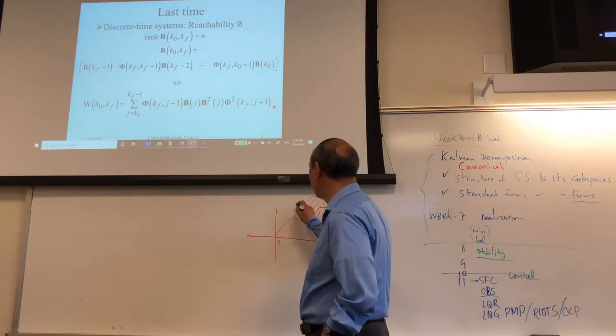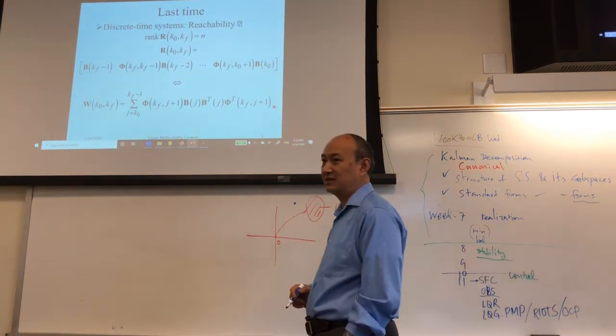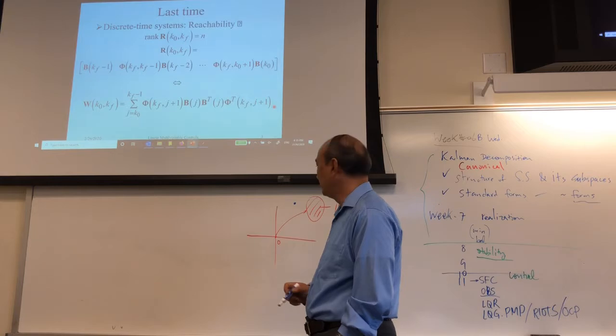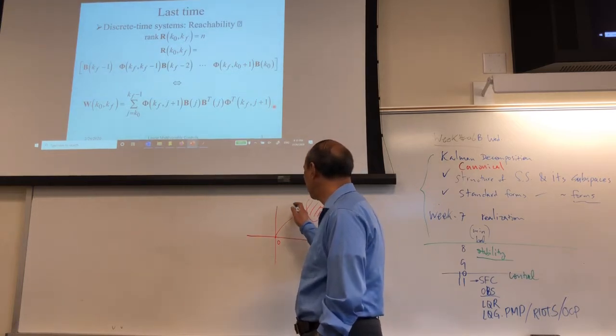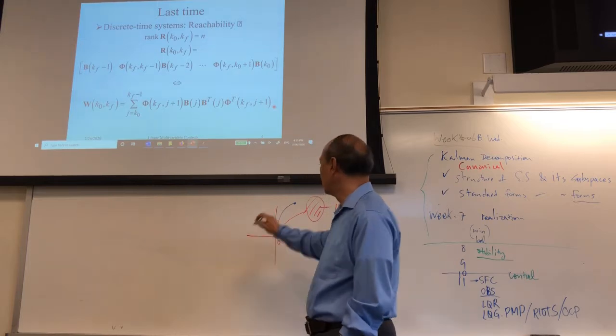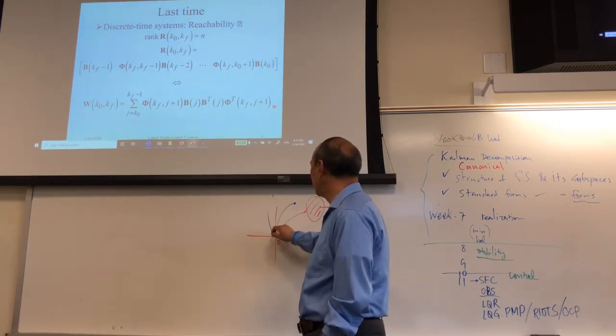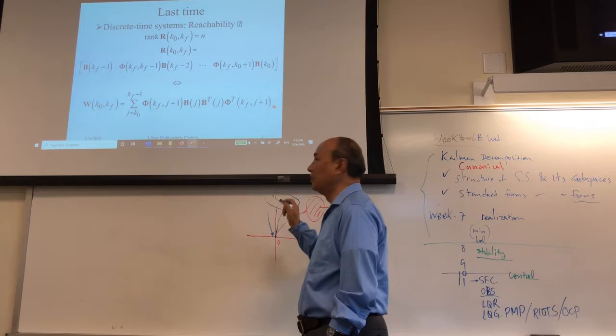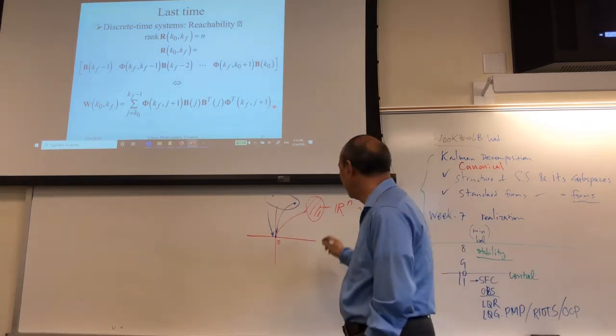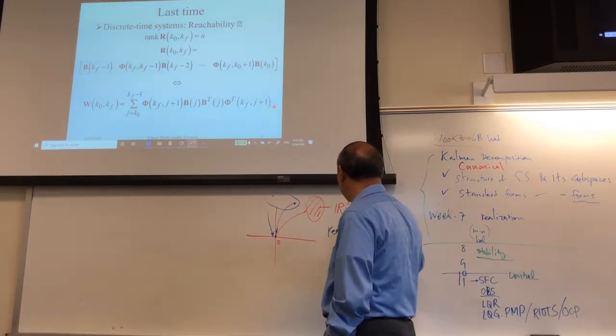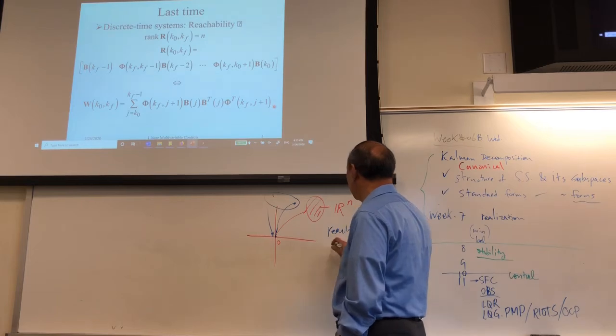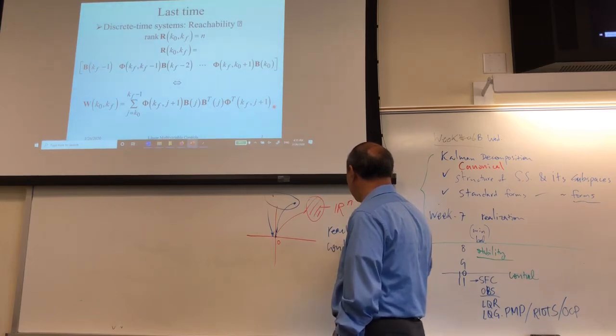Another thing is you are already here, and I hope you will be able to get to the origin. Whenever you go there, you can always return back to the origin. So many people say reachability and controllability are the same.